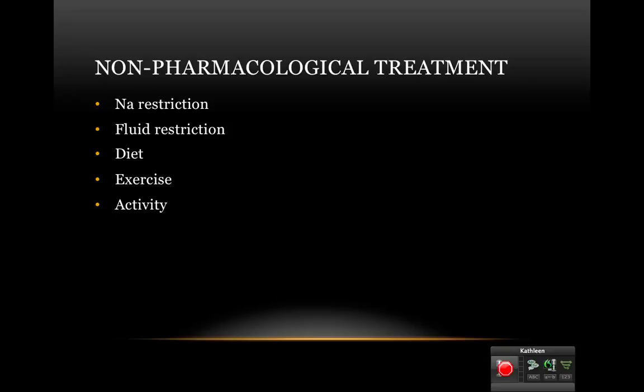The natriuretic peptide system in our body is really responsible for the volume and pressure balance. For example, if our body needs vasodilation, diuresis, excretion of fluids, regulation of cardiac remodeling, and anti-hypertrophic actions.